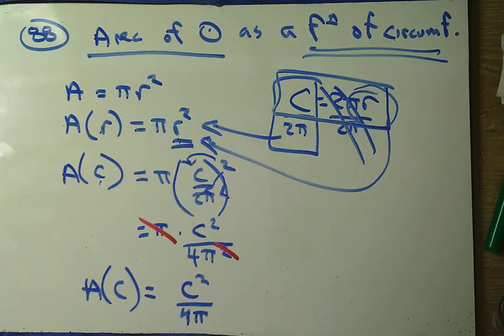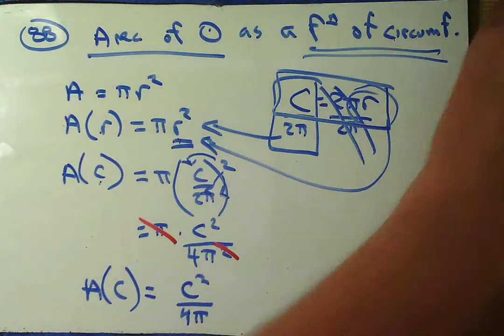Okay, next question. We've got 89C. We're asked to write the volume of the box, write the volume as a function of x and determine its domain.